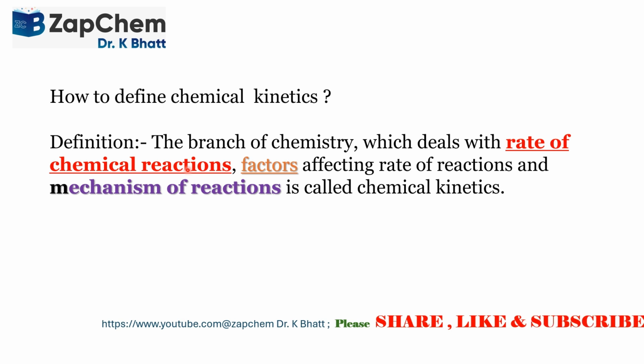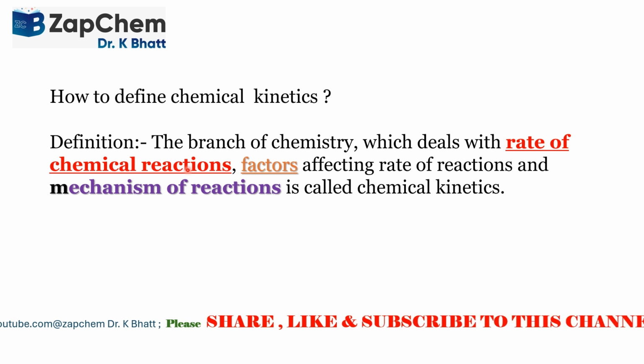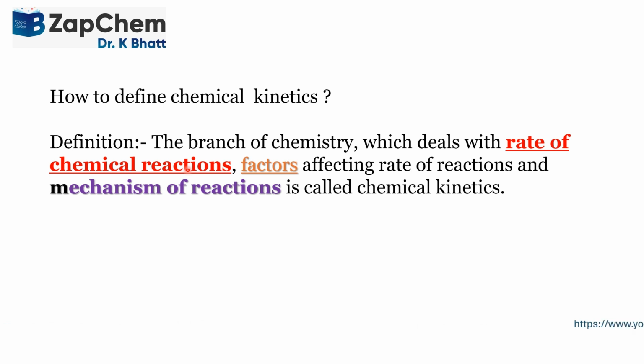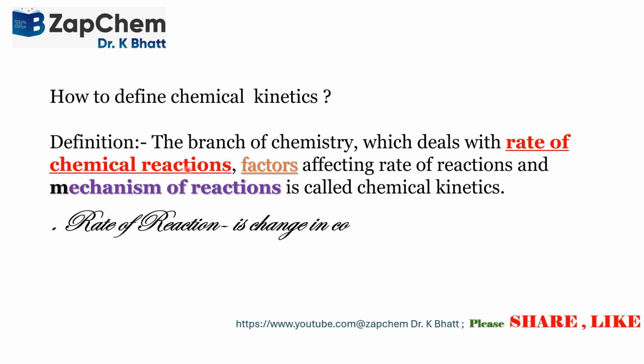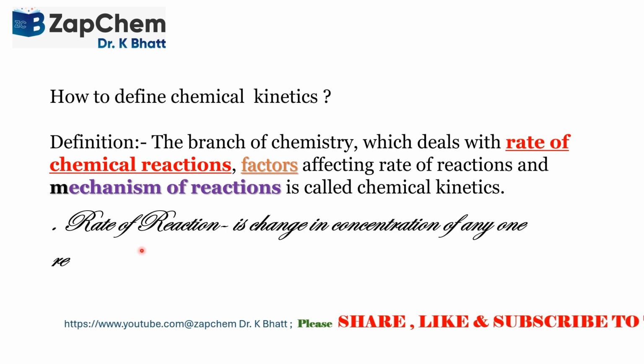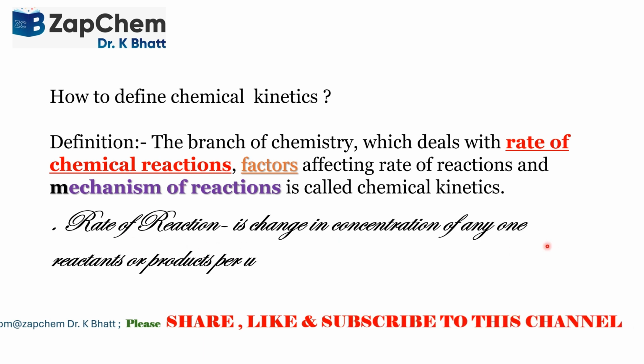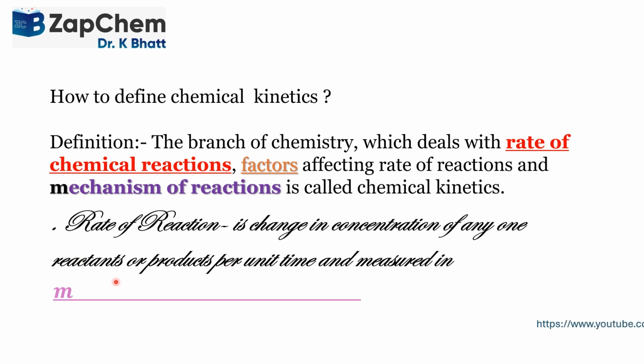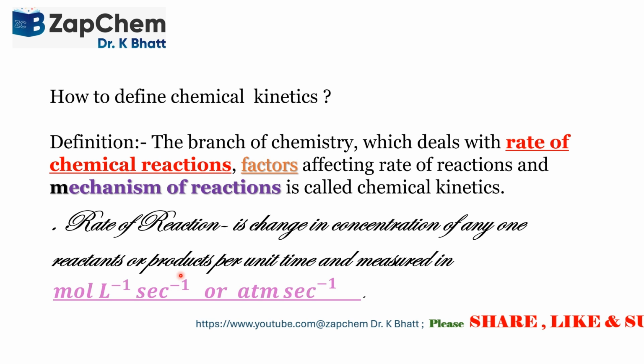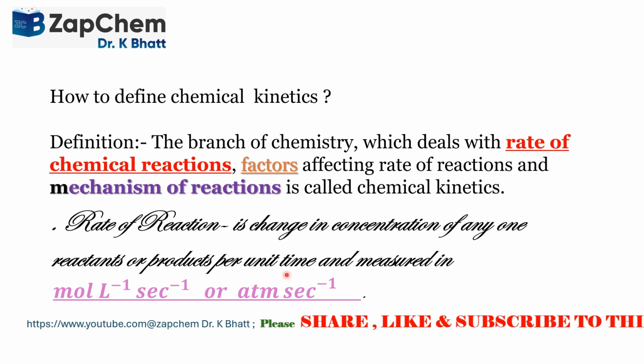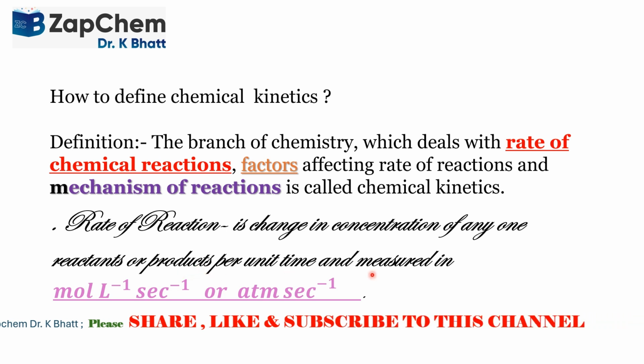It goes on changing as the reaction proceeds. As the reactants are converted to products, the concentration of the reactant goes on changing. So rate of the reaction is the change in concentration of any one of the reactants or even any one of the products per unit time.